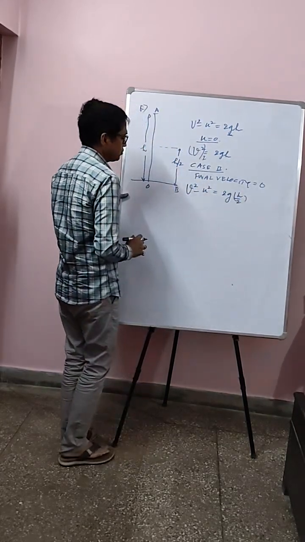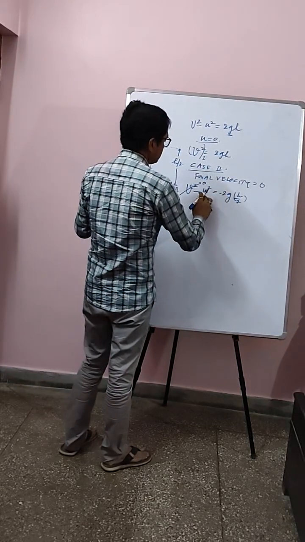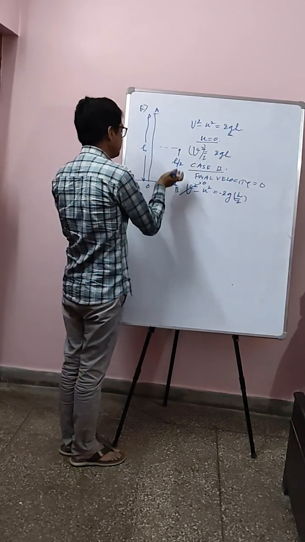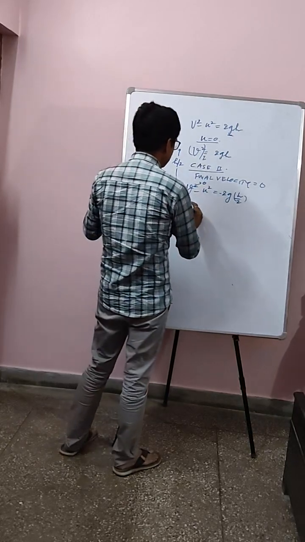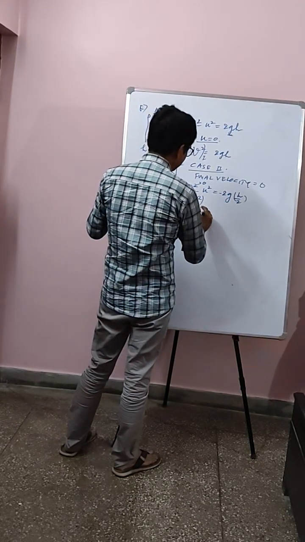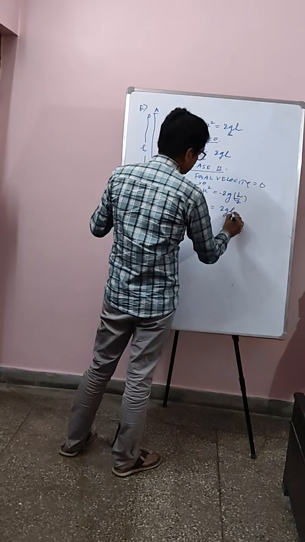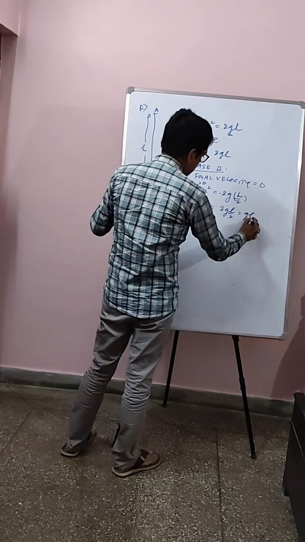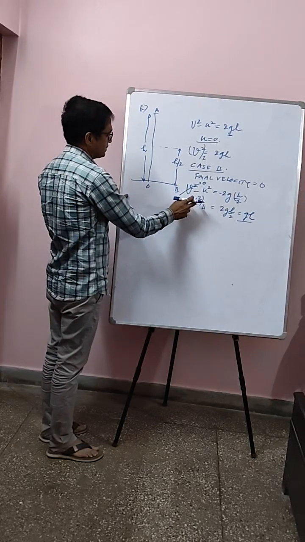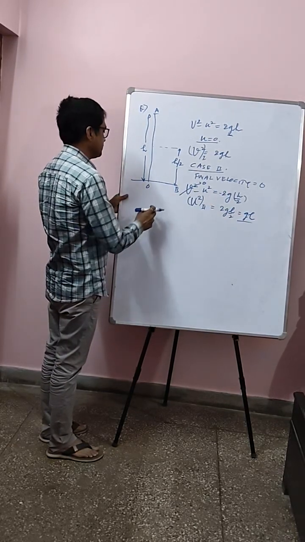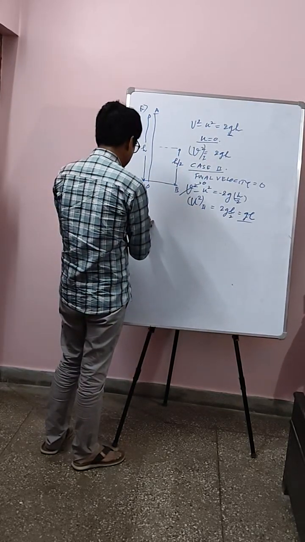This distance is h upon 2, and the final velocity is 0. The body is moving up, so acceleration due to gravity is down, so we have to put a negative sign here. What we get is u square in the second case equals 2g h upon 2 equals gh. So the initial velocity squared in the second case equals gh, and the final velocity in this case is 0. We have to find the percentage loss in kinetic energy.